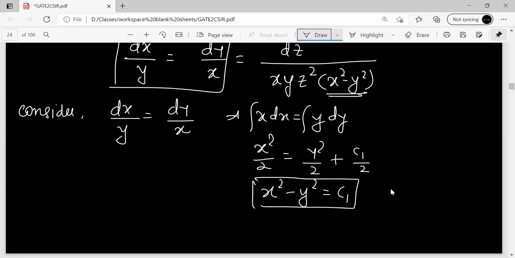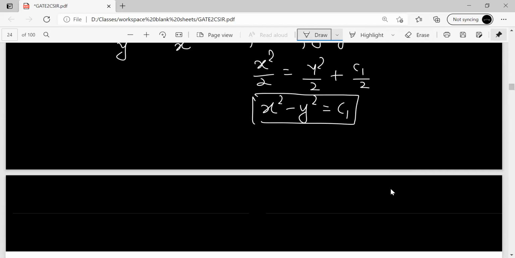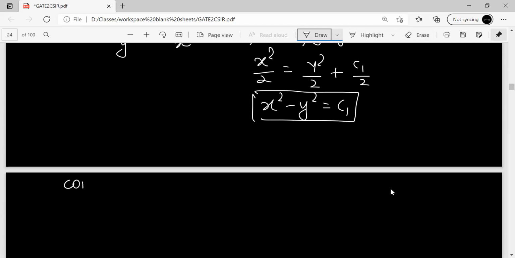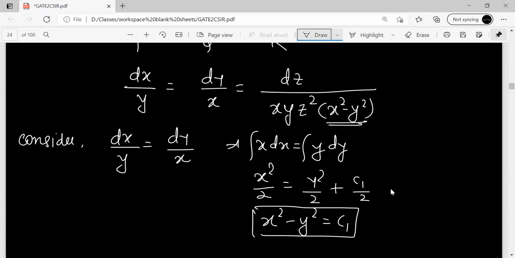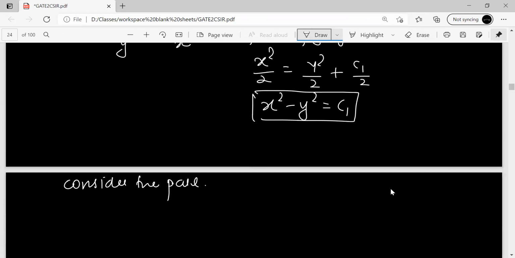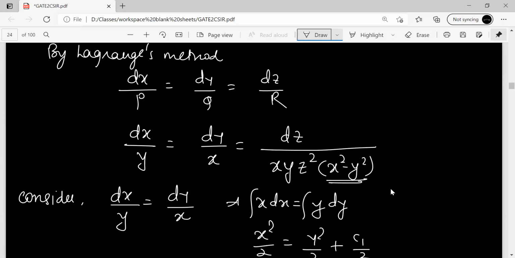Now let's consider another pair. You can consider any of these three pairs. So instead, let's consider the second one, dy over x. So dy over x equal to dz over x y z square.